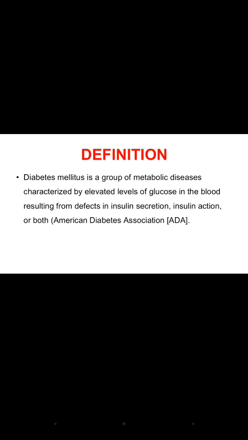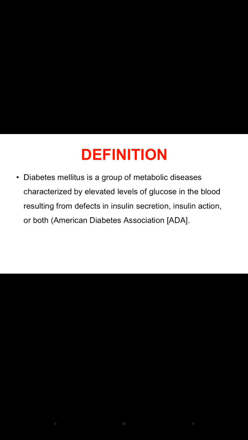Diabetes mellitus is a group of metabolic diseases which are characterized by the elevated levels of glucose in the blood resulting from defects in the insulin secretion, insulin action or both.